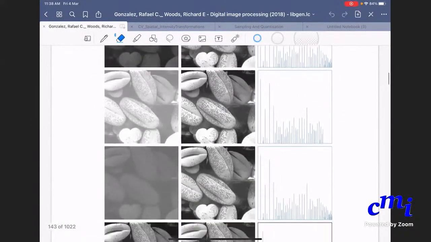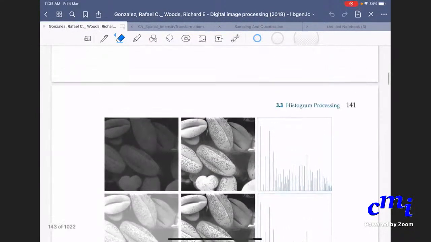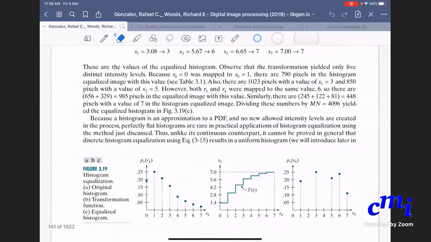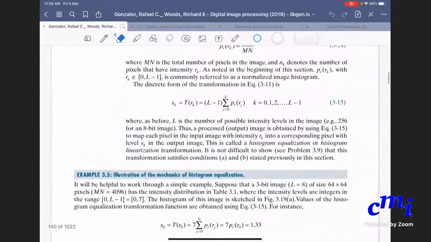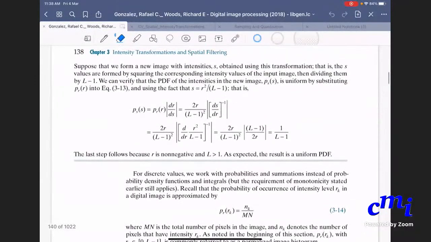The left hand images are the original ones, and the center column are the equalized images. What I want to point out is that in theory, the equalized image should have a probability distribution that is uniform, right? So in theory, you have a uniform probability distribution function.